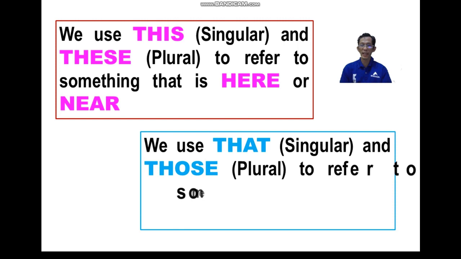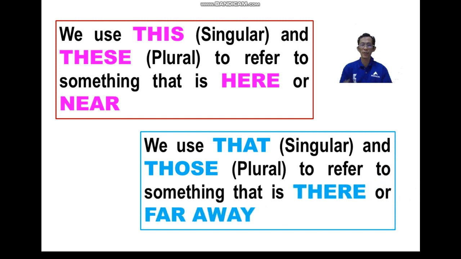We use that singular and those plural to refer to something that is there or far away. I repeat, we use that singular and those plural to refer to something that is there or far away.